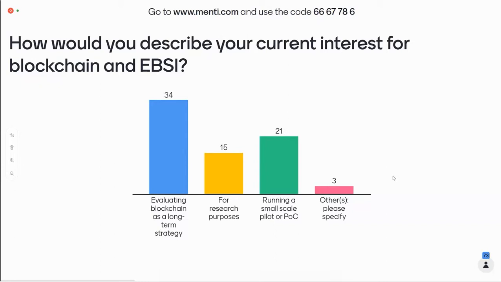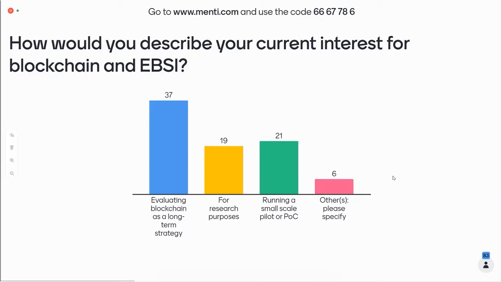But what's interesting is that we have a lot of interest in running a small scale or a proof of concept. Right, that's true. For those who chose others, I welcome you to apply it in the chat and let us know why you picked others. Do not hesitate to share any kind of insights that you would have that would not be on the screen, of course.